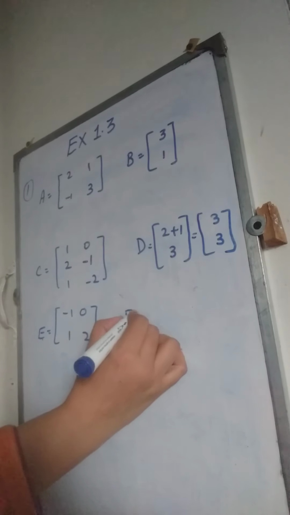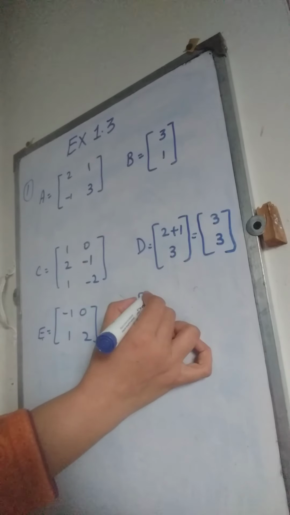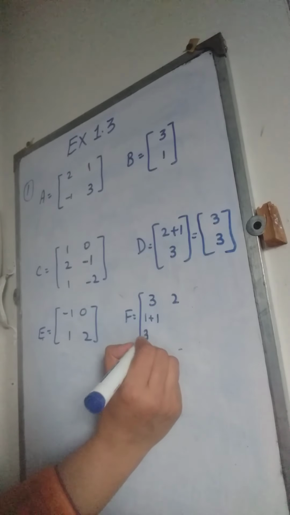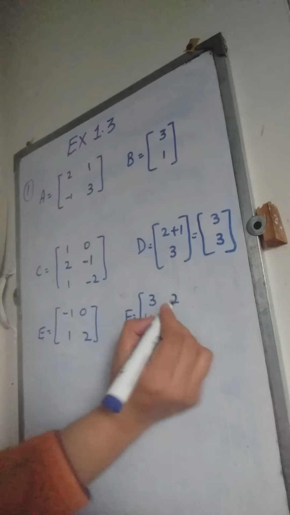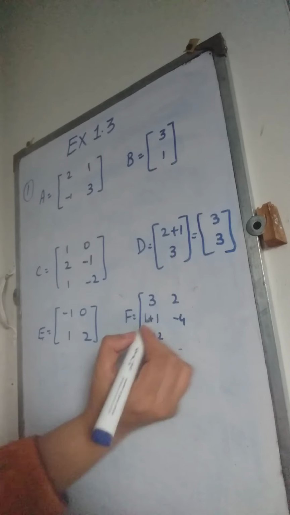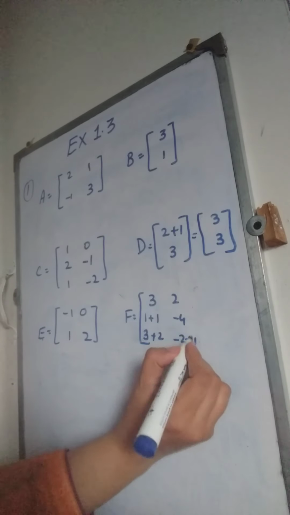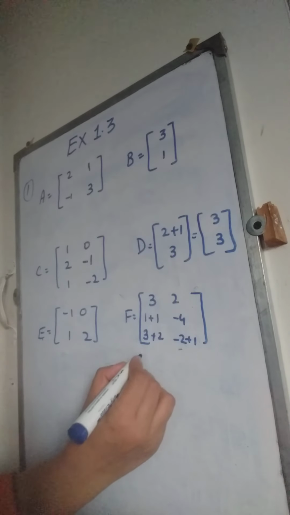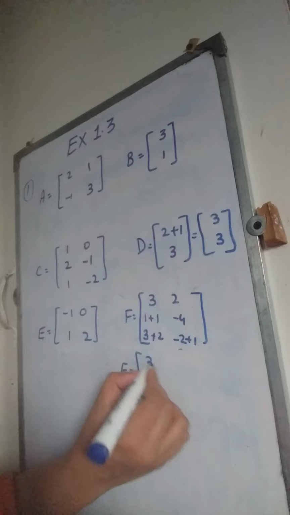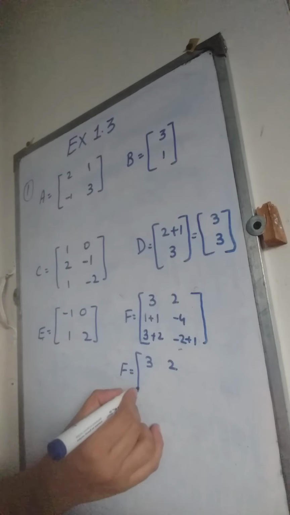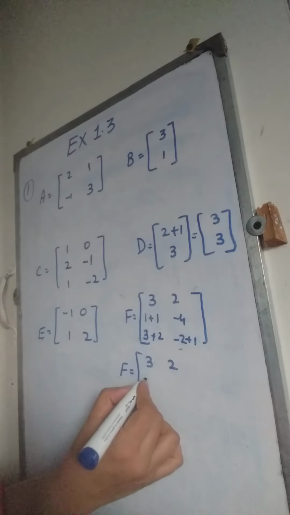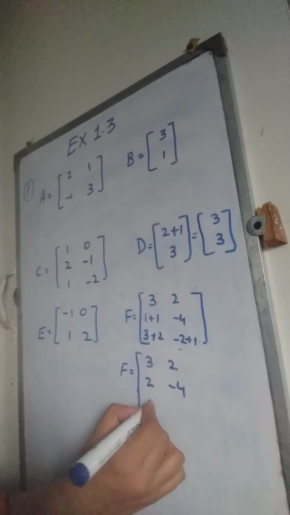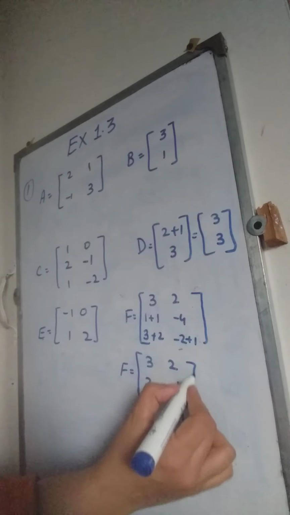While matrix F is 3, 2, 1 plus 1, 3 plus 2, -4 and -2 plus 1. Here F can be written as 3, 2, 1 plus 1 is 2, so write it as 2, -4, 5 and -1.